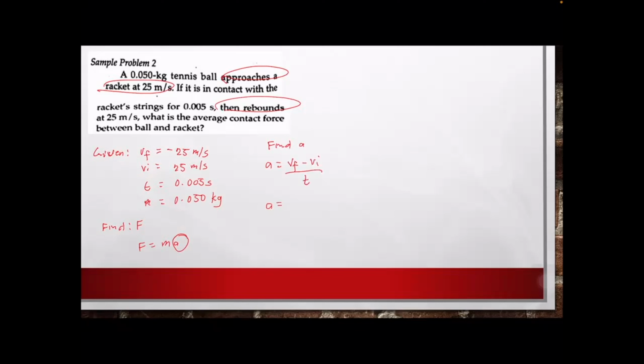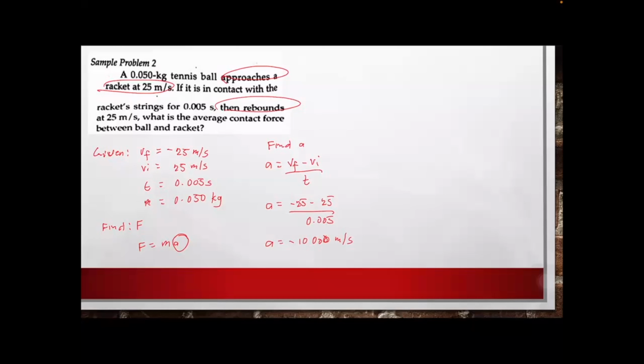Yung a natin is a is equal to vf, the final velocity, negative 25 minus 25 over the time, which is 0.005. So the acceleration that we will have, or deceleration, is negative 10,000 meter per second squared.